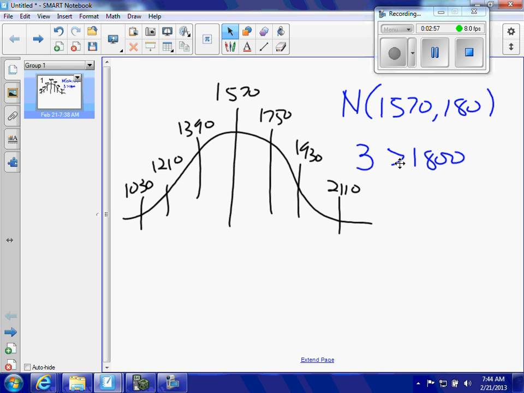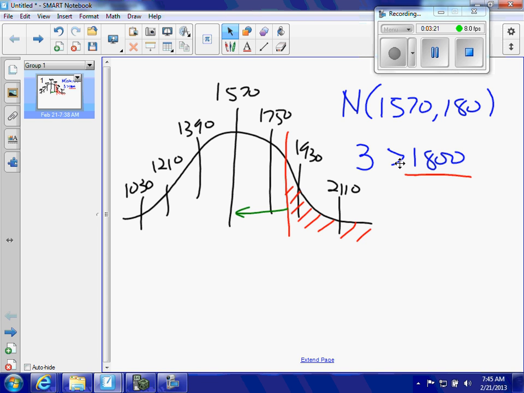So I know that what I'm looking for are scores of 1800 and above. That's going to fall somewhere in this spot right there. But where is it going to fall? How do I know what percentage are going to be greater than 1800 and what percentage are going to be less than 1800? Well, how about if I go back to my z-scores?